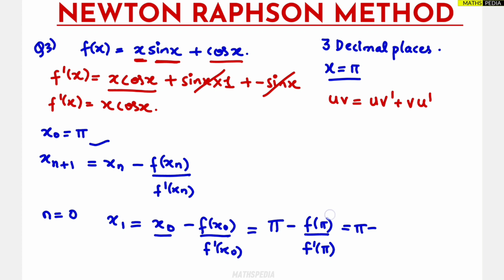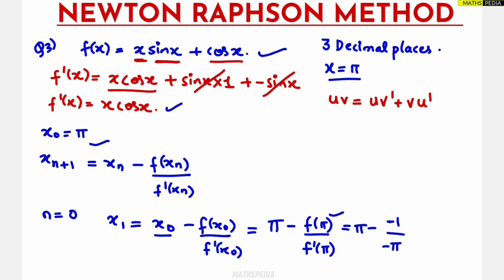So pi minus f of pi means, in the function itself we have to put pi. Remember, put in the radian mode. Now here what will we be getting? f of pi: x into sin x plus cos x, if you substitute pi, sin pi value is 0, and cos pi is minus 1, so you'll get minus 1, divided by f dash of pi, which is x into cos pi, that is minus pi.